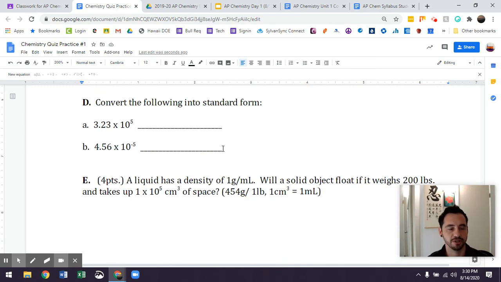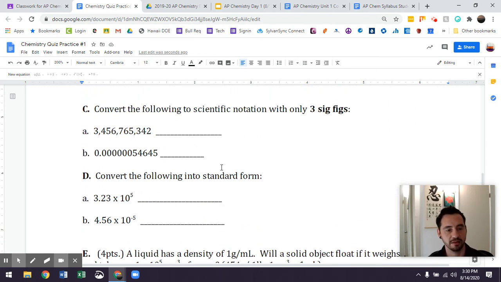I did have a question about how to add, subtract, and multiply sig figs. I will go over that in more detail later, at some point when we're doing more problems.